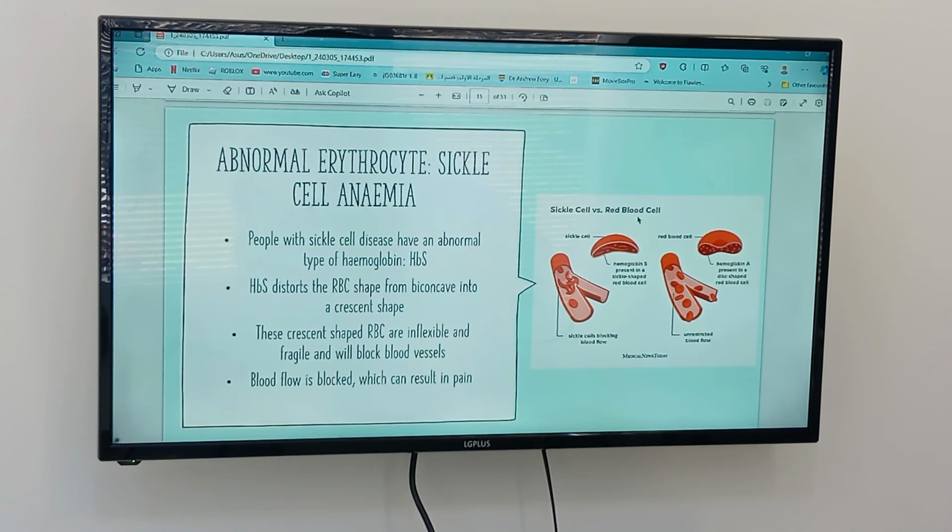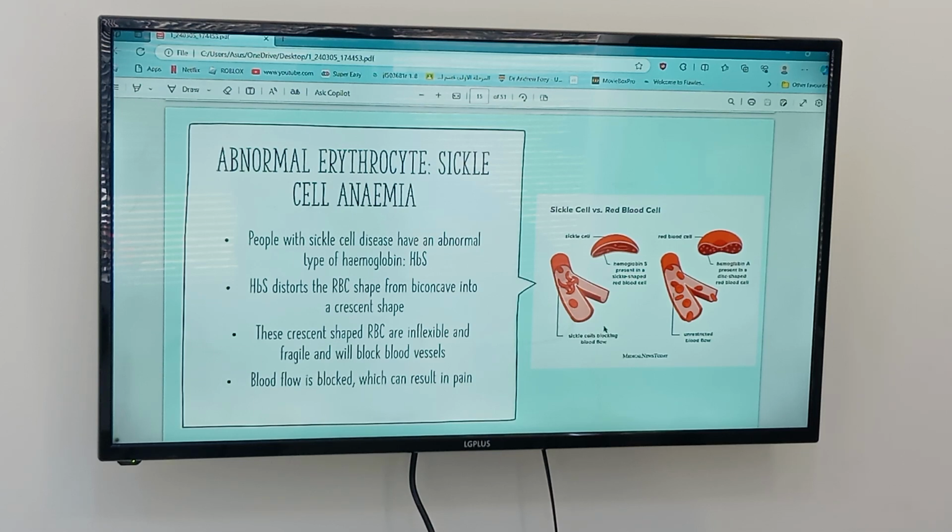The crescent-shaped RBCs are inflexible and fragile and will block blood. Why is it making that problem? Because it is very fragile, and when it is broken it will deposit in the vessels and make a problem like clots in the vessel. Blood flow is blocked, which can result in pain in the area.